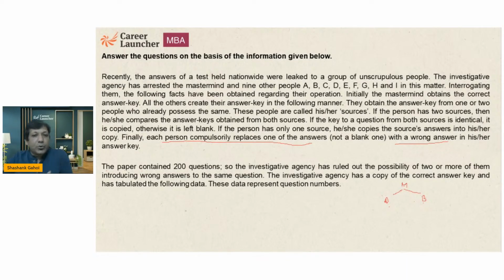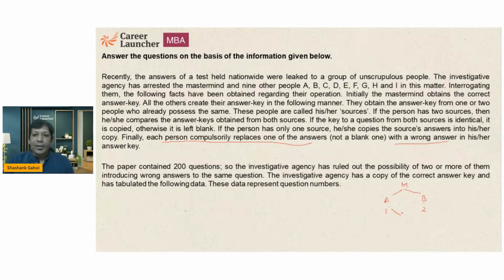But A must introduce one wrong answer. Let's say A is introducing question number 1 wrong. B is introducing question number 2 wrong. For A, the remaining 199 questions are right, and for B, the remaining 199 questions are right.